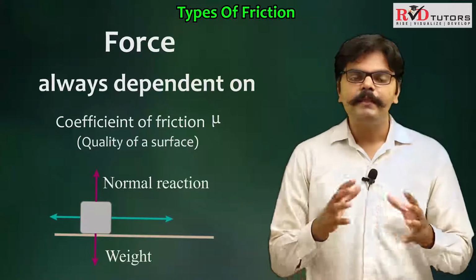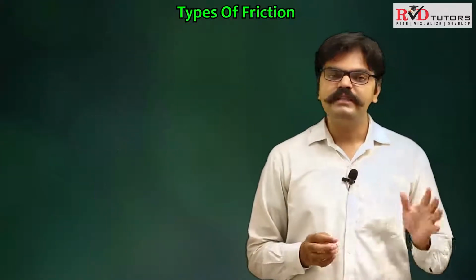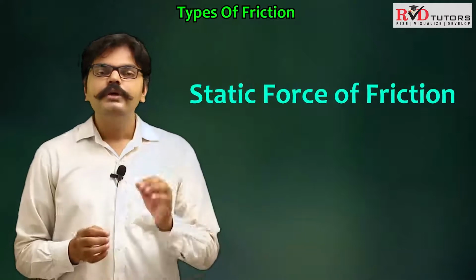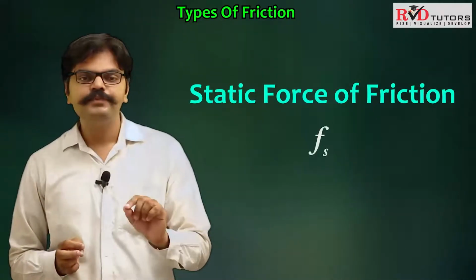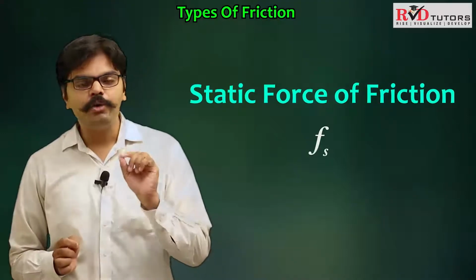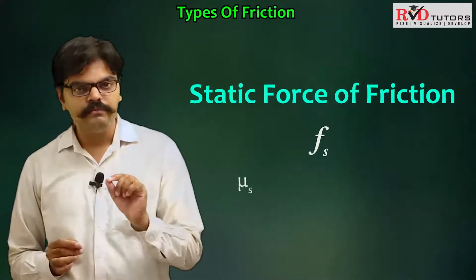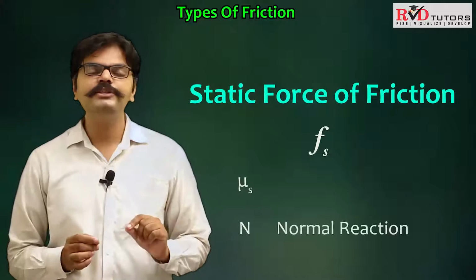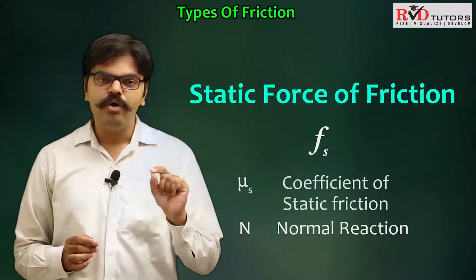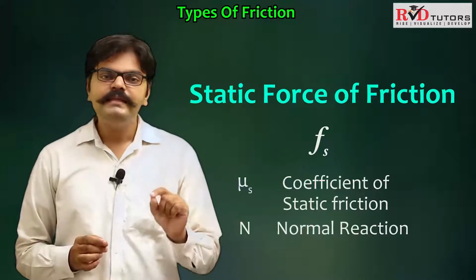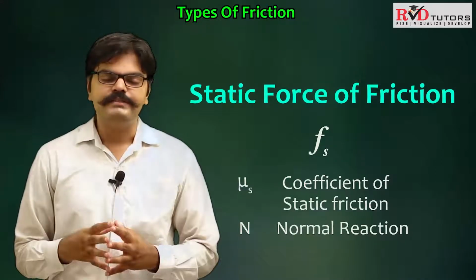So let's come back to our original topic, that was static force of friction. To be specific, static force of friction is denoted by Fs. As I told you, it is dependent on these two things, mu and N, which is the normal reaction. This mu is what we name the coefficient of static friction. It is a property of a surface.